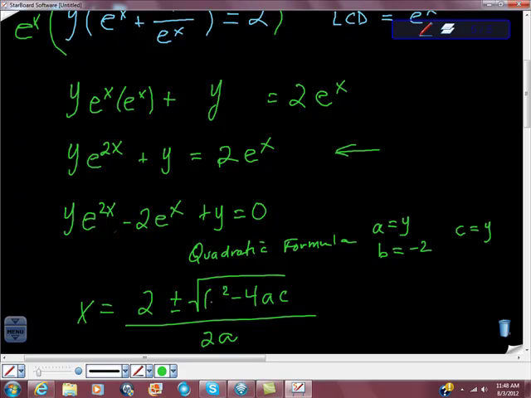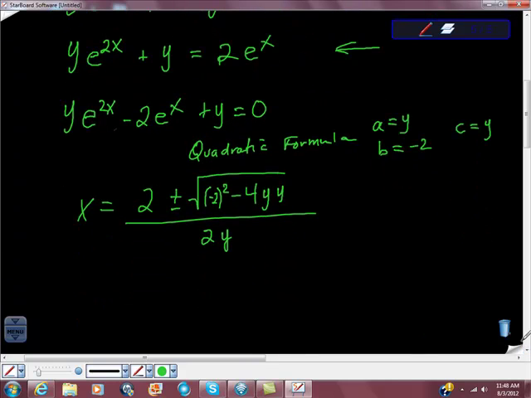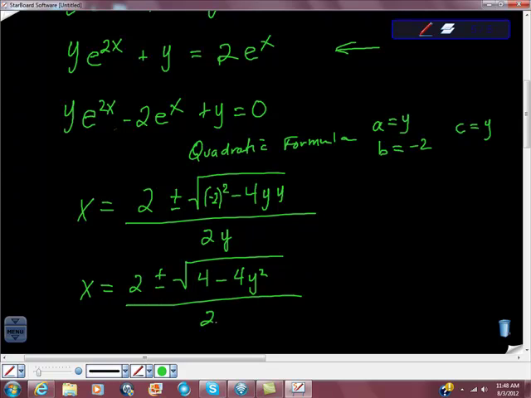Negative 2 squared, A is y, c is also y. You're just filling in the blanks right now. I'm going to simplify this a little bit more and get x is equal to 2 plus or minus the square root of negative 2 squared, which is 4, minus 4 times y times y, which is 4y squared, all over 2y.